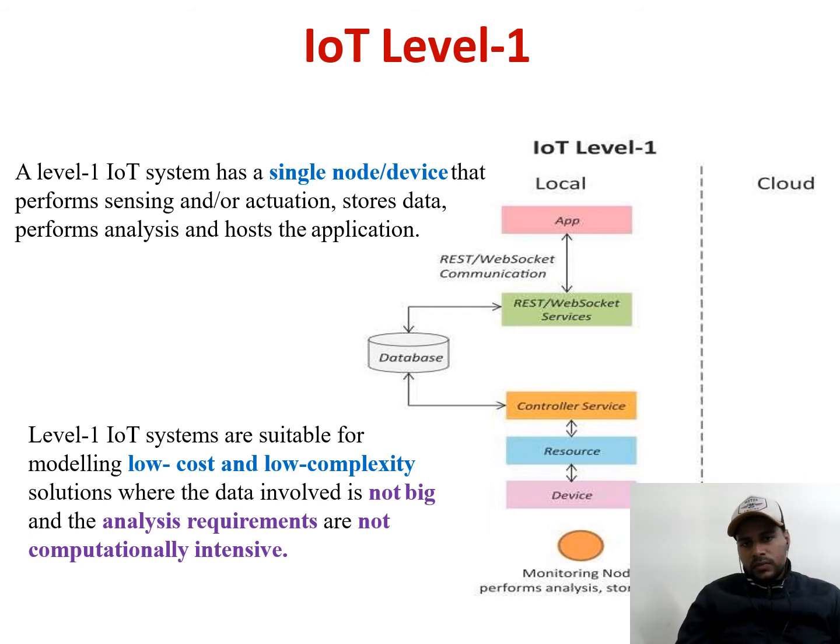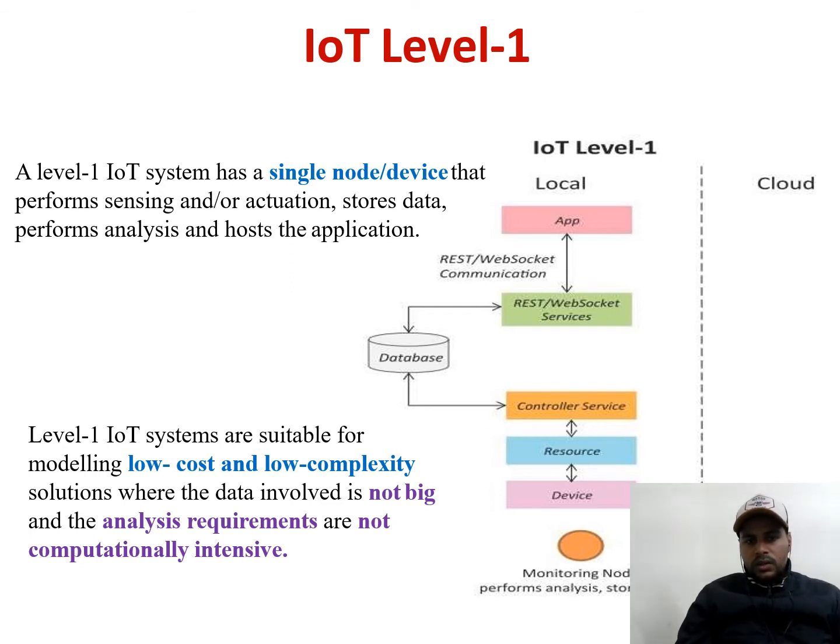This is a diagram for IoT level 1. It is having the app, and the second one is the REST WebSocket services, which is connected to the database, and the database is connected to the controller service, further connected to the resource, then to the device. The data from the database to the REST WebSocket services is communicated with the help of REST APIs.